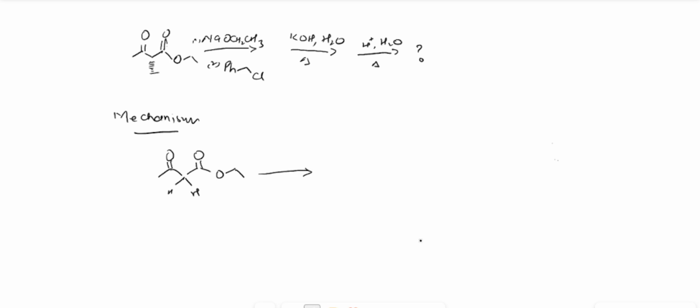And guess what? We have a base in the form of sodium ethoxide. So this sodium ethoxide abstracts one of the protons from this active methylene, which forms a carbanion, which is resonance stabilized with this carbonyl here.